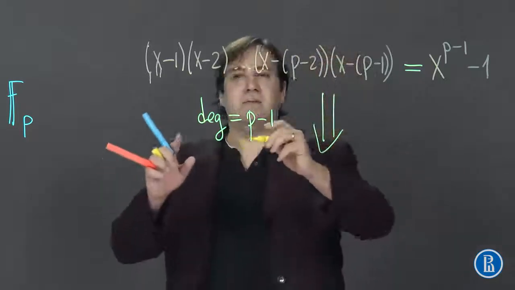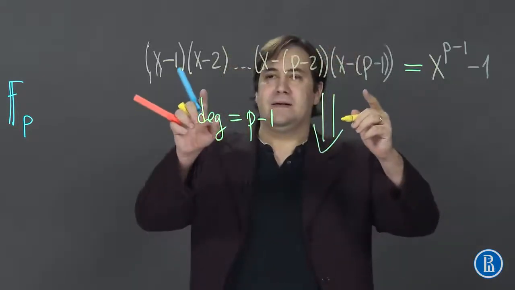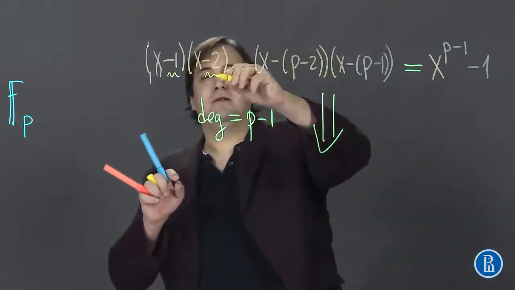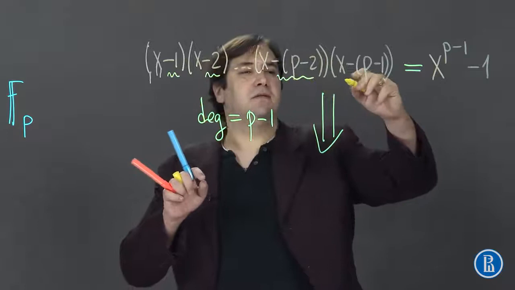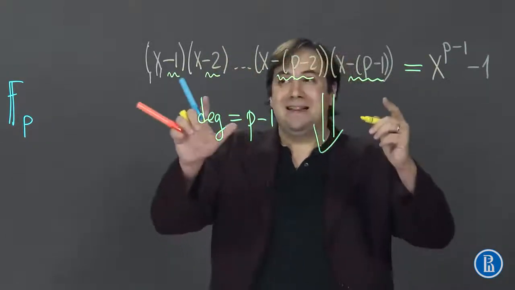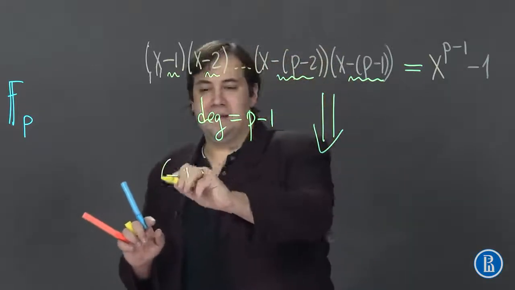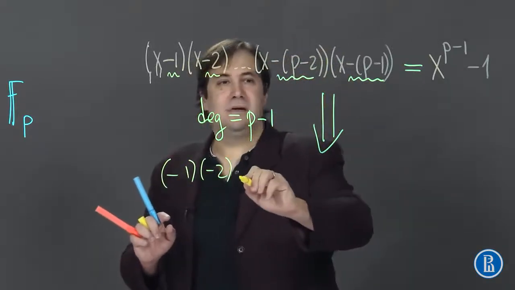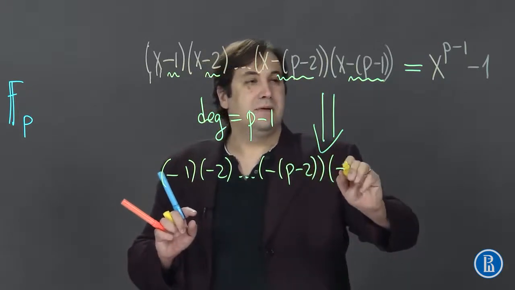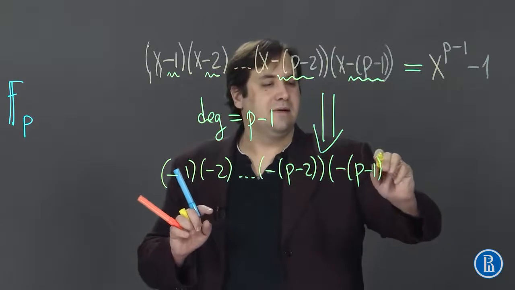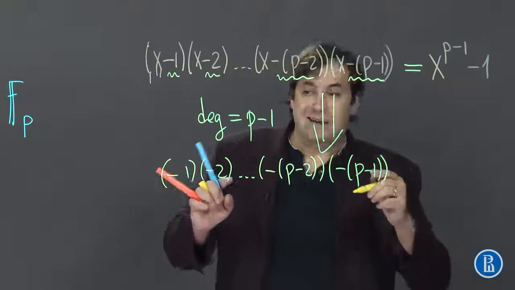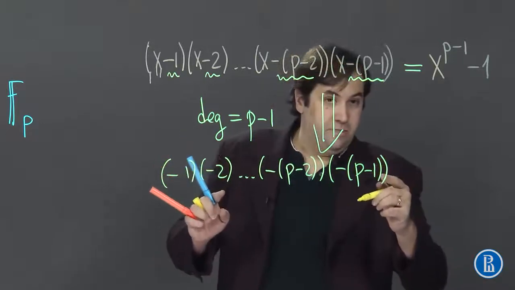So if we take minus 1, minus 2, and so on, minus (p minus 2) and minus (p minus 1), and multiply them, this will be the coefficient of the polynomial upon x to the power 0.